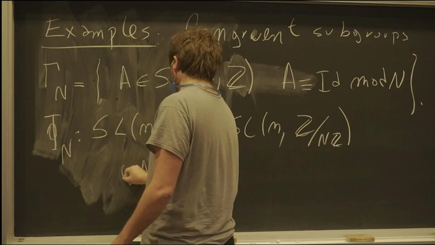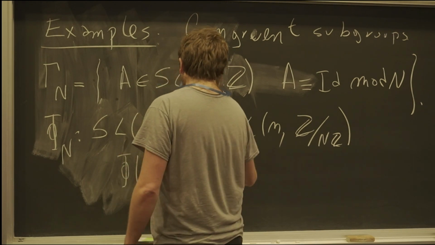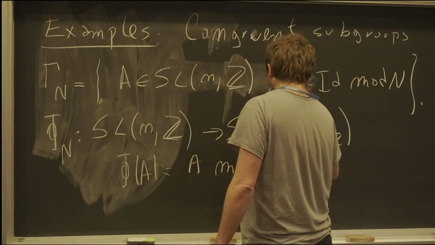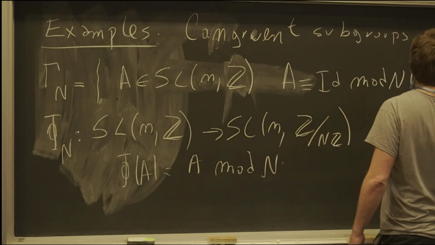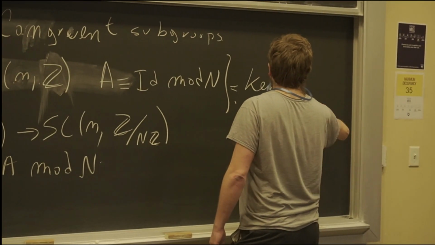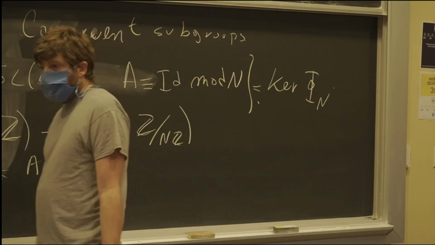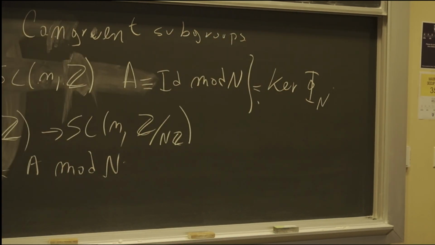Which is this map: A goes to A mod n. Okay, and then this guy is nothing but the kernel of phi_n, so it's naturally a normal subgroup, being the kernel of this homomorphism.